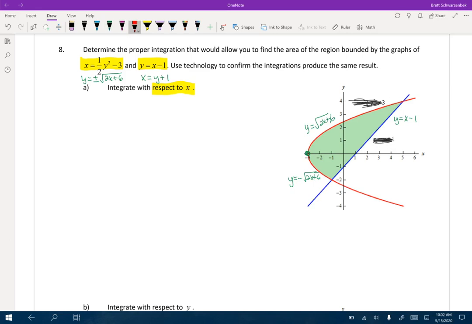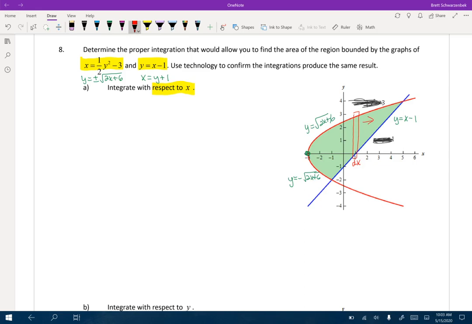So let's say I drew a representative rectangle right here. Okay, clearly bottom dx. The top function appears to be root 2x plus 6, and the bottom function appears to be x minus 1. If we move this rectangle all the way left and right, does it always have the same top and bottom function? If you quickly peruse to the right, it does.